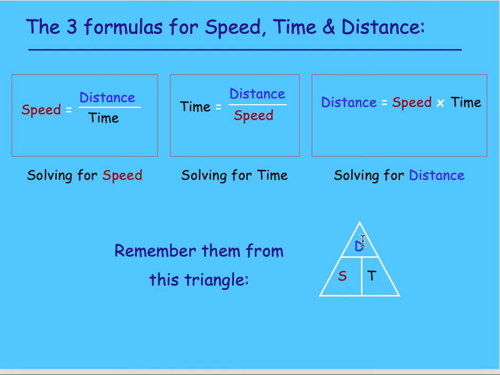So these two would multiply to give you that one. So that triangle is super helpful for us to use and remember whenever we're trying to solve for speed, time, and distance. So make sure you have that written down in DST. And that should be a good reminder for you.